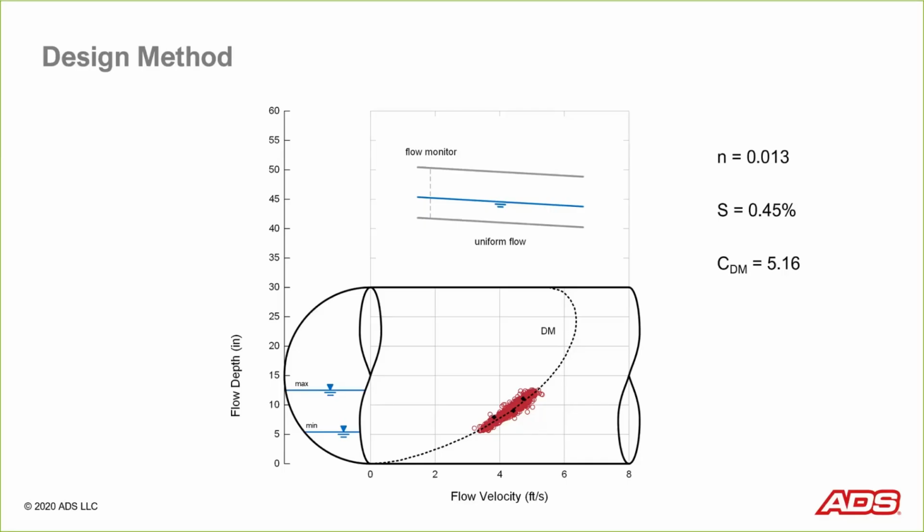And this is a classic example of uniform flow moving through a pipe at an ideal capacity. So this is called the design method, where you take your parameters for the Manning equation, draw your Manning curve, and then throw the data on the graph and let the data fall where the data falls, and the two will agree or disagree. In this case, they agree, and that tells us something very important about this pipe.